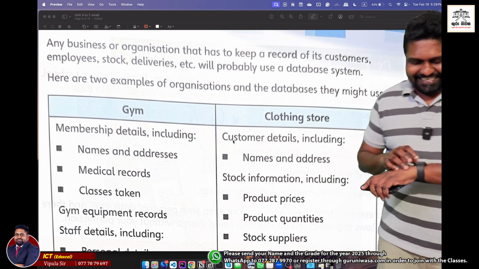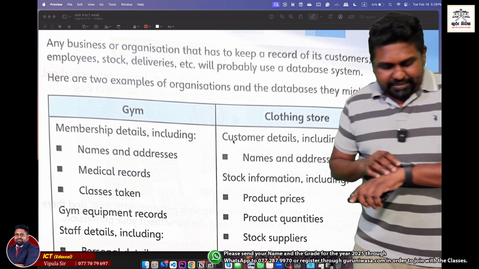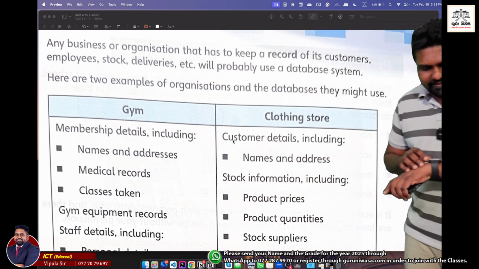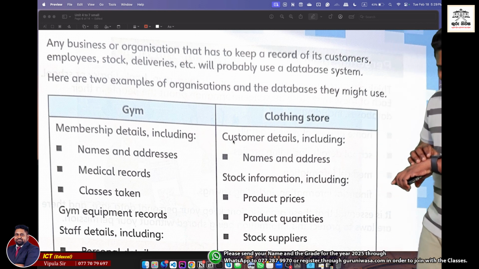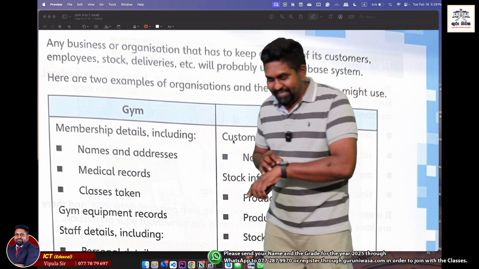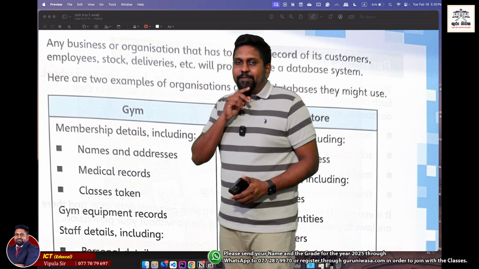The products. Products, correct. Okay, a product database is there. Then what else? Staff database. A staff database is also there.